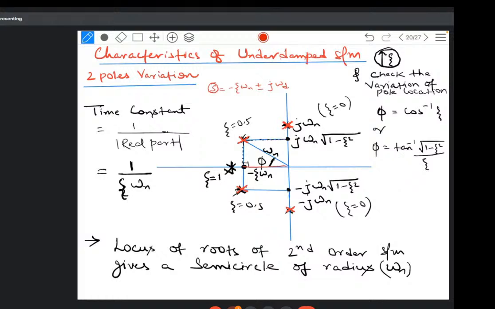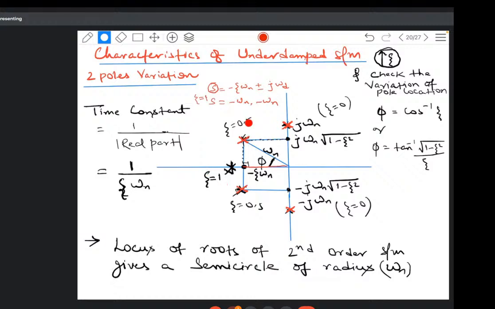The poles will be real and equal. And if you remember, when you put the value of zeta equal to 1, it was minus omega n and minus omega n. So real and equal. So the pole will come like this and it will lie here, minus omega n and minus omega n for zeta equal to 1.